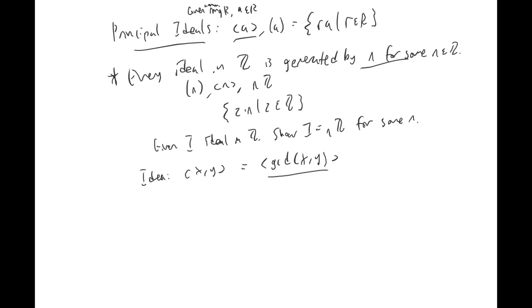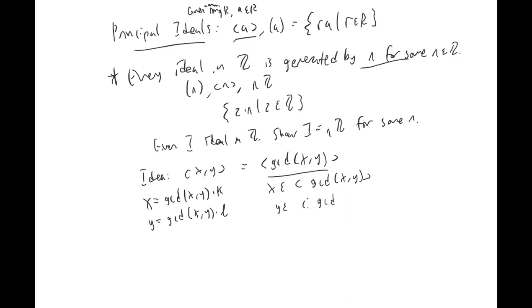For here, the idea is, okay, what does GCD mean? The GCD divides x, so x is the GCD of x and y times k for some integer k. Y is the GCD times l for some integer l. So from being a divisor, we get that x is in here, and y is in here.